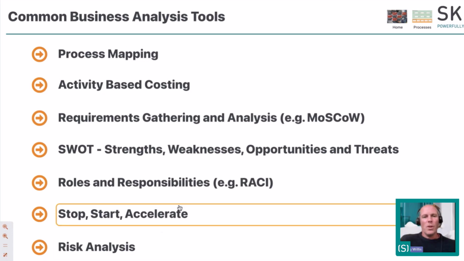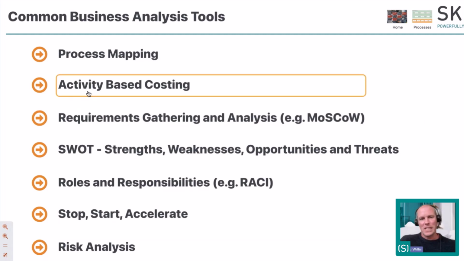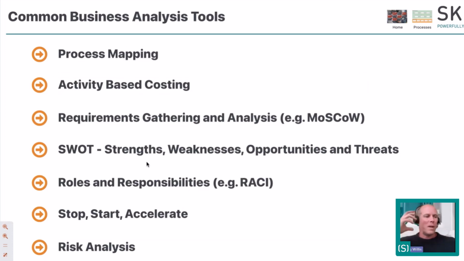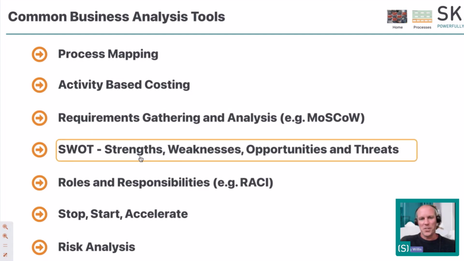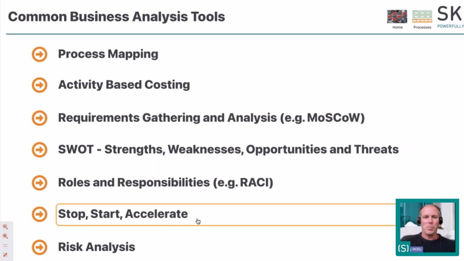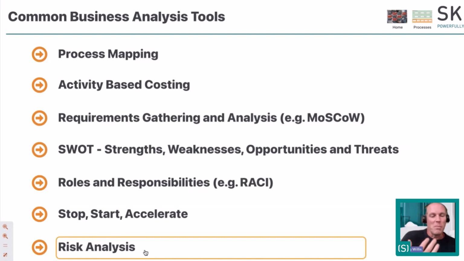Now, one of the things that's really common to all of these, except perhaps the activity-based costing one in this example, is that these are all based on categorization of items. So whether it's the requirements gathering, applying Moscow, whether it's SWOT, applying strengths, weaknesses, opportunities, threats, start, stop, accelerate, or even within risk, we might be looking at different levels like high, medium, and low impact, that sort of thing.